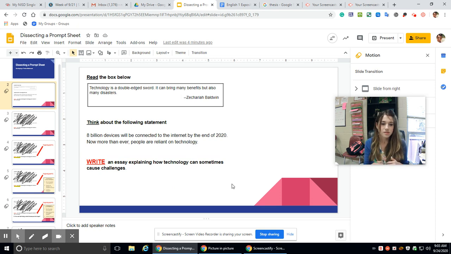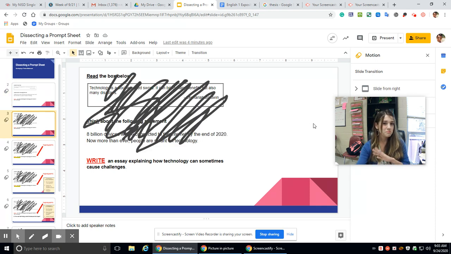So I don't know about y'all, but for me, sometimes these prompt sheets can be a little overwhelming, right? There's a lot to think about here. There's a lot of information. So in order to make this easy for you, I am going to ask you to simply cross out the first two parts. We don't need to really pay attention to the read box. We don't really need to think about the think statement.